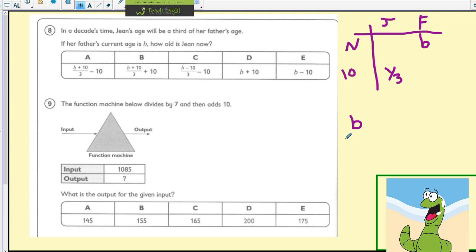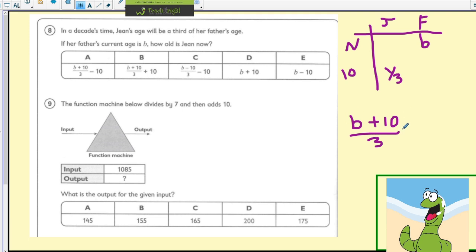So Jean's father's age in a decade's time will be B plus 10, because he was B, but in a decade's time, he'll have gained 10 years. And then Jean's age will be a third of her father's. So B plus 10 is going to be a third of this, because it's a third of whatever that age will be, which is dividing by 3.